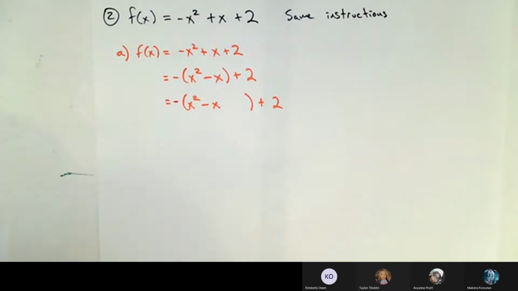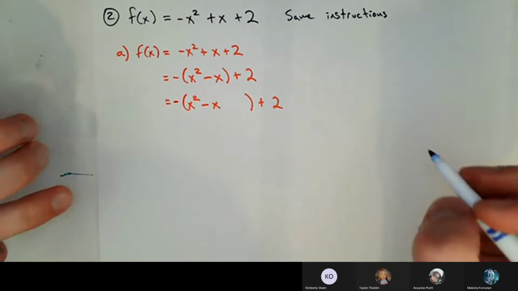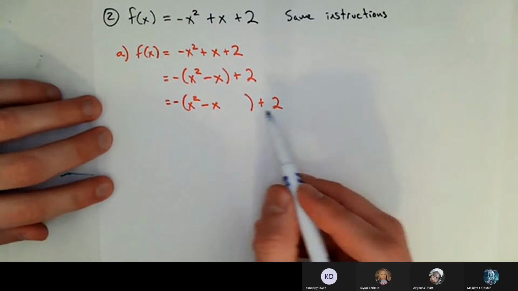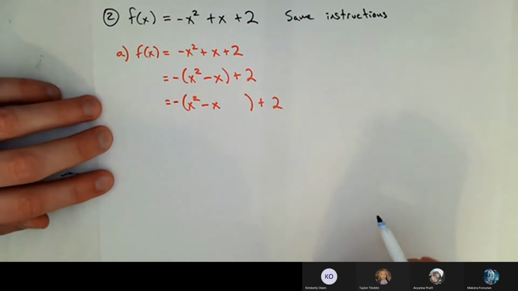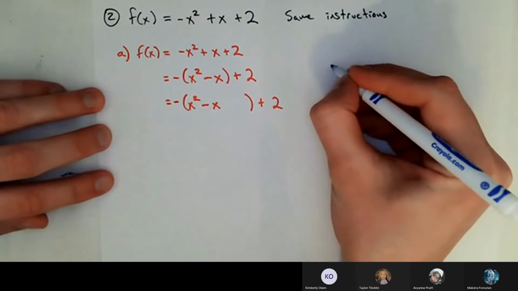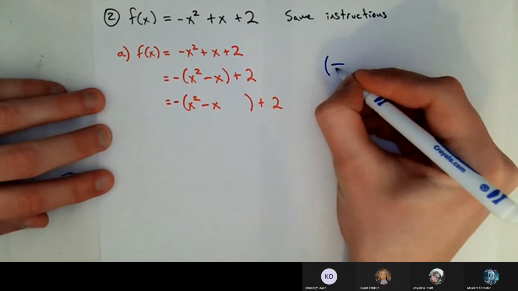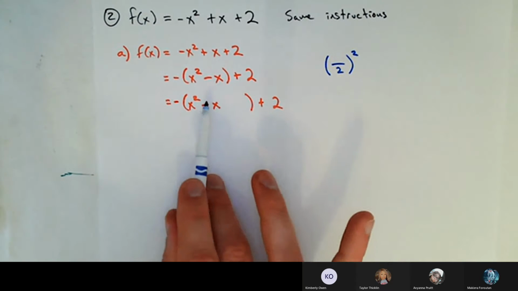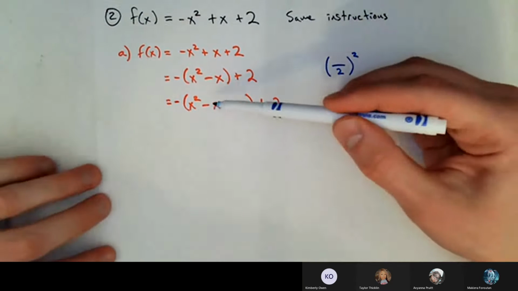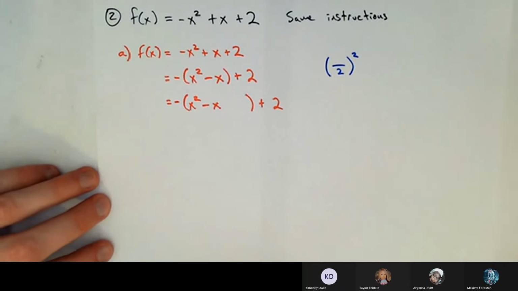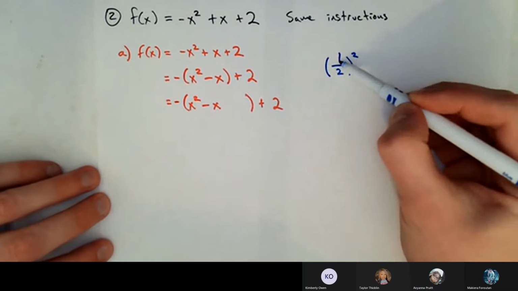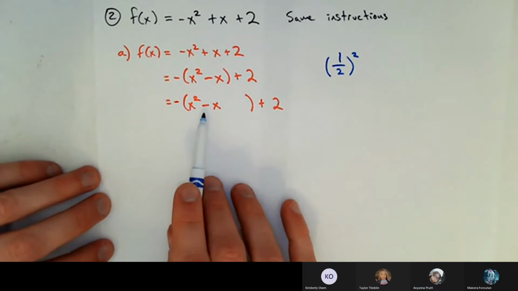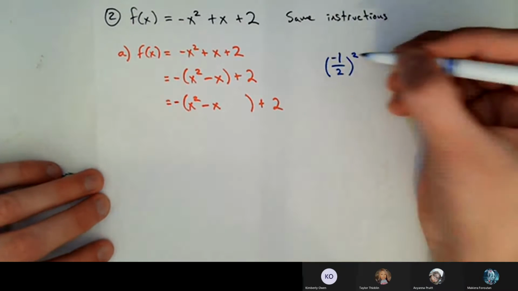Okay, I need to decide what gets added or subtracted inside here, and then what gets subtracted outside here. So off on the side, I take my linear coefficient, I cut it in half, and I square it. But what is my linear coefficient here? Aviana, technically, what is the coefficient attached to this x right here? I need a 1. Not just a 1, but also a negative 1.